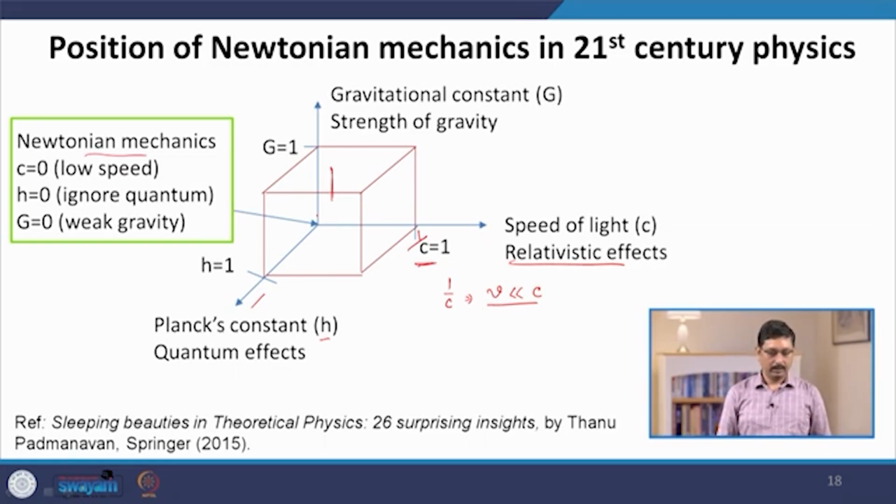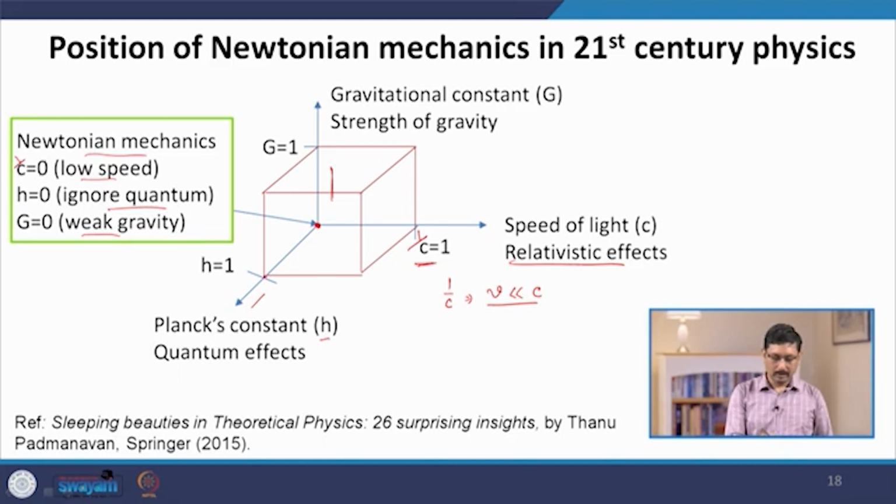So, Newtonian mechanics describes a situation where the following things are true: the objects are moving at a low speed, so we ignore the relativistic effect. There is no quantum effect in the situation, so we ignore the quantum nature of the objects. And third, the gravitational force is accurately described by Newton's law, so gravity is weak. That means we are sitting at the origin.